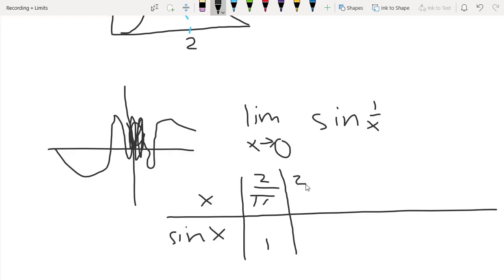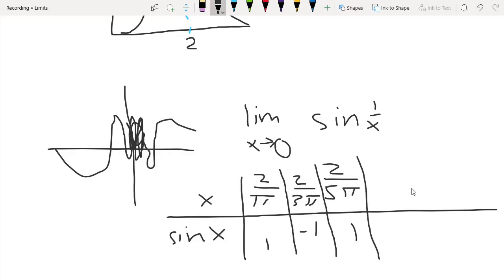Then we'll plug in 2 over 3 pi, and we'll get negative 1. Then 2 over 5 pi, we'll get 1 again. Then 2 over 7 pi, and we'll get negative 1. These numbers are slowly approaching 0, but it's just going to keep on going from 1, negative 1, 1, negative 1. Because of this, the limit does not exist here.